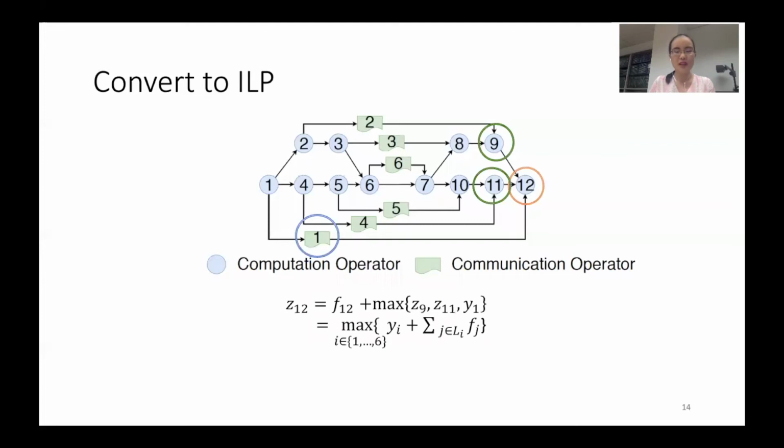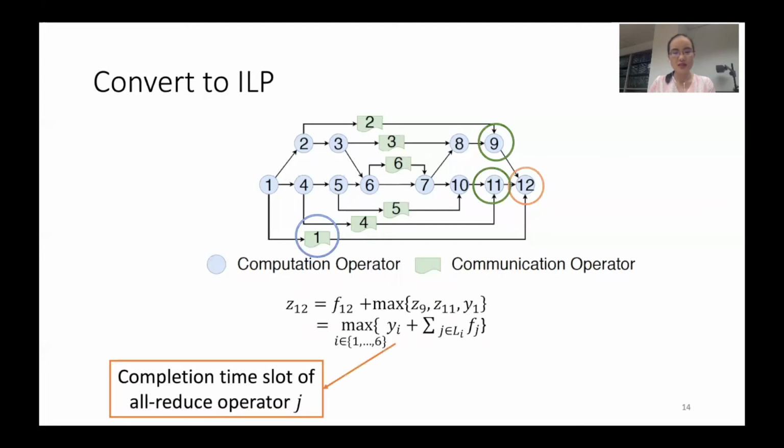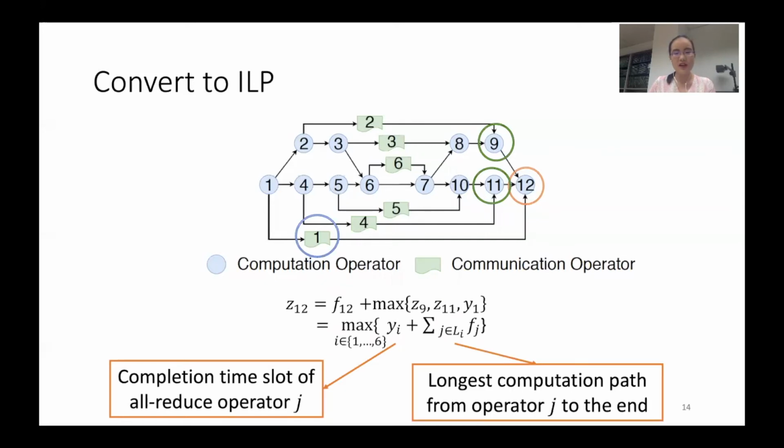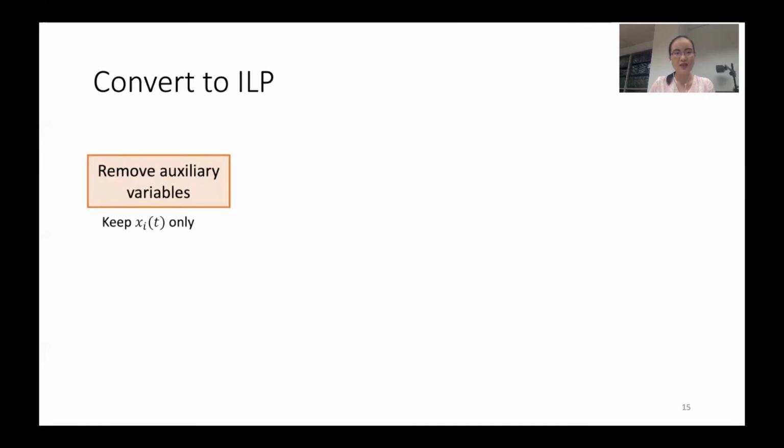We can prove by induction that the completion time of the computation operator 12 depends on both the completion time slot of the all-reduce operator j and the longest computation path from the operator j to the end. In this way, we can remove all the auxiliary variables and keep the decision variables x only.